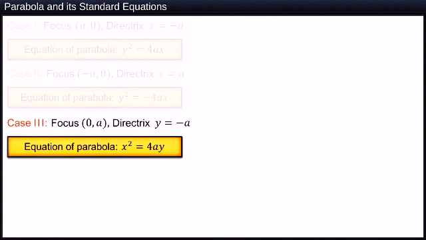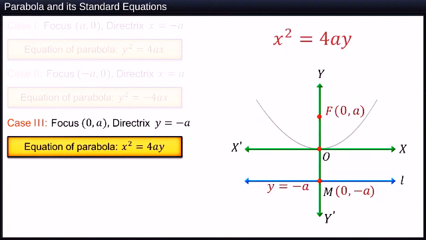The equation of the parabola with the axis of symmetry along the y-axis, the vertex at the origin, the focus at (0, a), and directrix y is equal to -a, is x square is equal to 4ay.